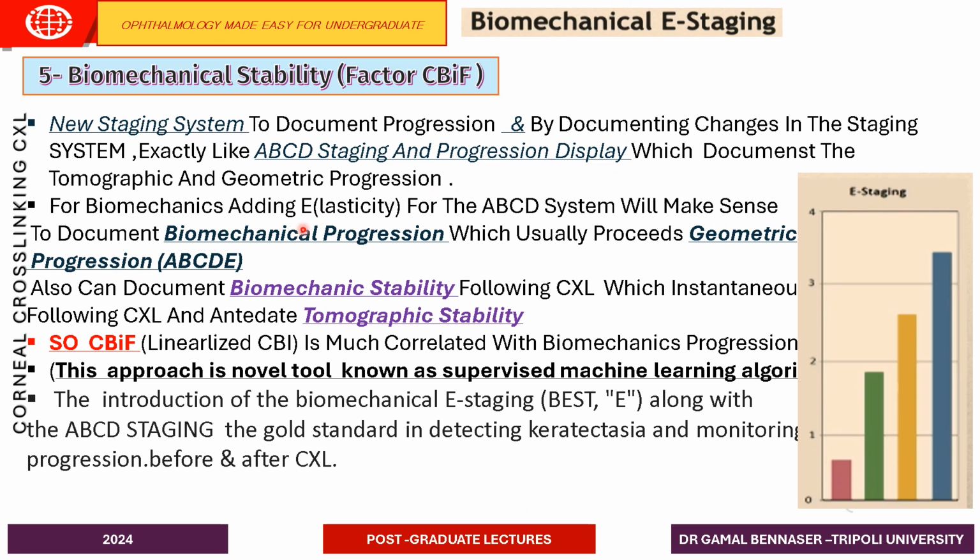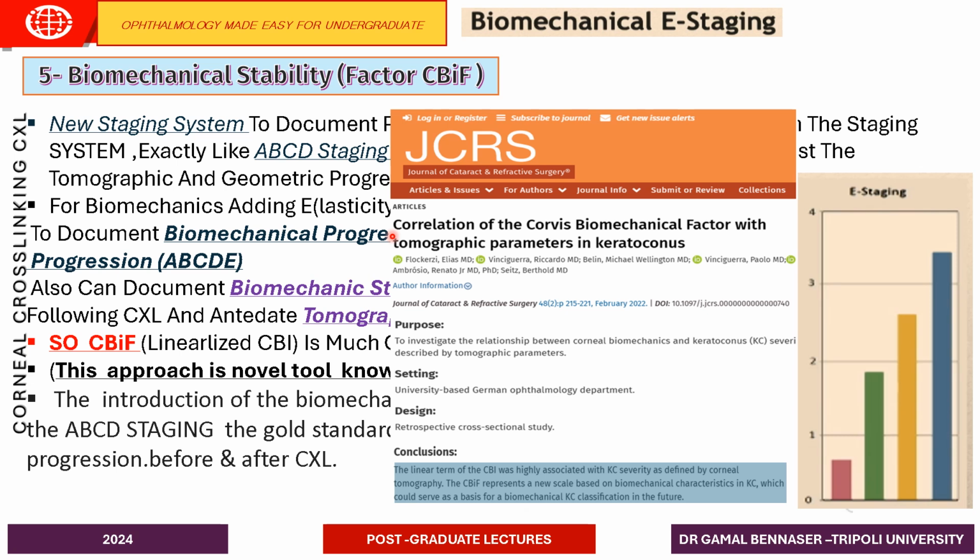And all this information you will find in one article published by the Vinciguerra et al. group that speaks about this new factor, the Corvis biomechanical factor, that is useful in the assessment of the biomechanical staging of the cornea.